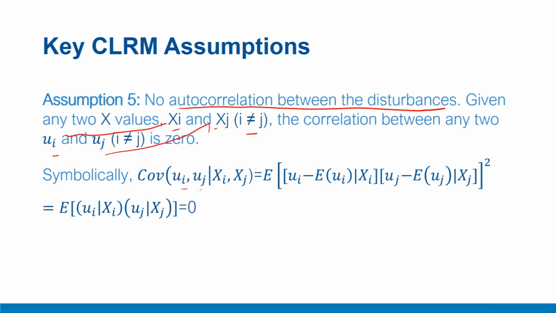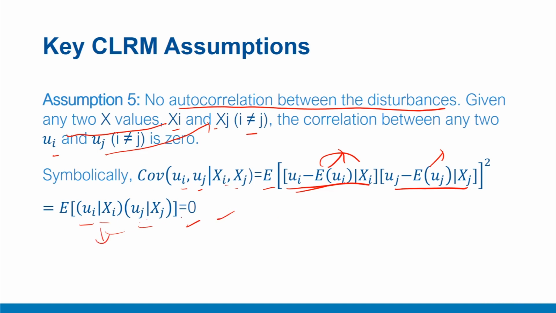In symbolic terms, the covariance between mu i and mu j, given xi and xj, is equal to the expectation of mu i given xi into mu j given xj, because the expectation of mu i is anyway 0 and that of mu j is also 0. So this simplifies to mu i given xi and mu j given xj, and this is equal to 0, which is also a way of saying that the correlation between mu i and mu j given xi and xj is 0.